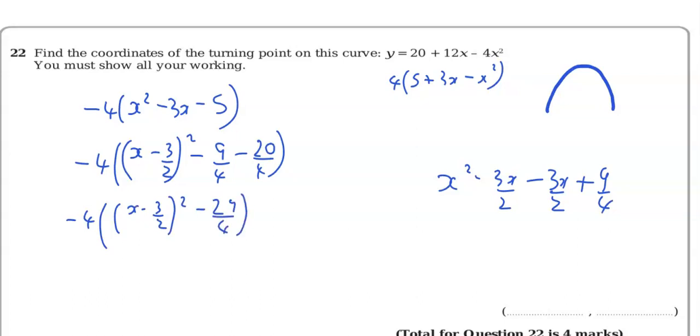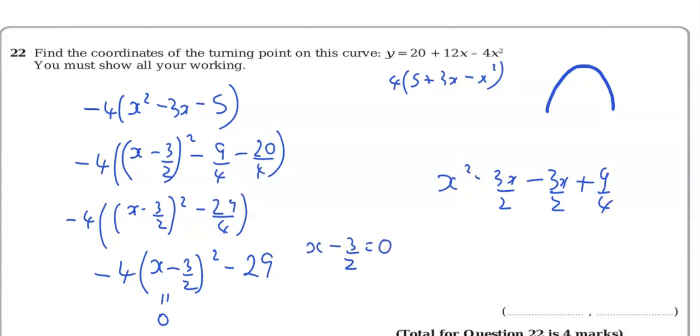I now multiply the whole lot by 4, and I've got minus 4 x minus 3 upon 2 squared minus 29. And that will have its greatest value where this bit here is equal to 0. So x minus 3 upon 2 will be equal to 0.